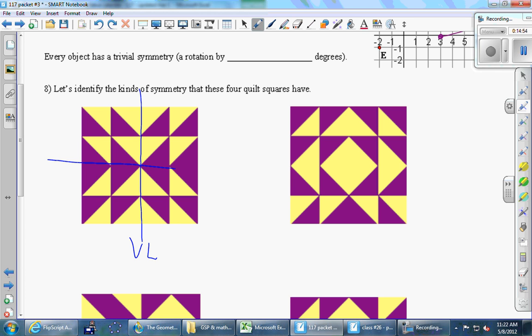Seems like going right through the middle is the place to try. If you reflect the stuff at the bottom over that line, does it land perfectly on what's already up there? It does. And the same thing, the top stuff flips perfectly and lands downstairs. So that picture also has a horizontal line of symmetry.